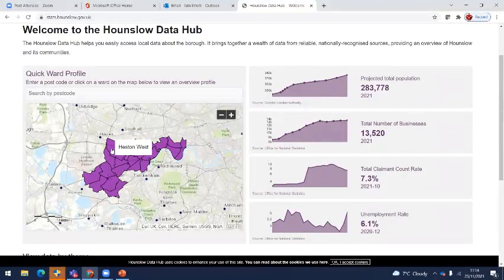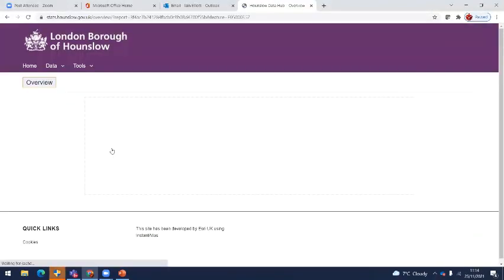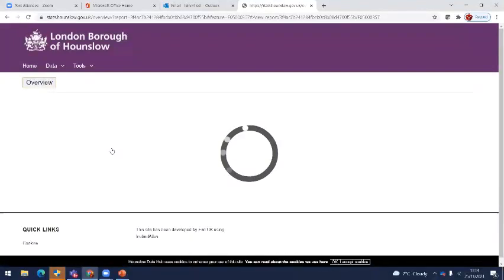So this enables you to go into detail by clicking on a particular ward, for example. It then brings up certain data relating to that ward.